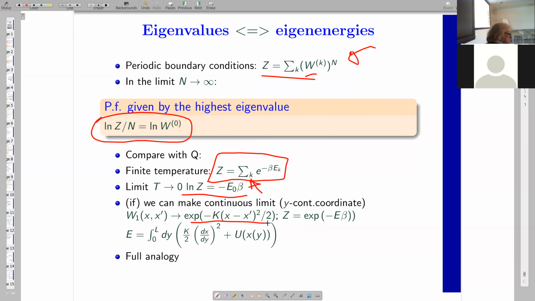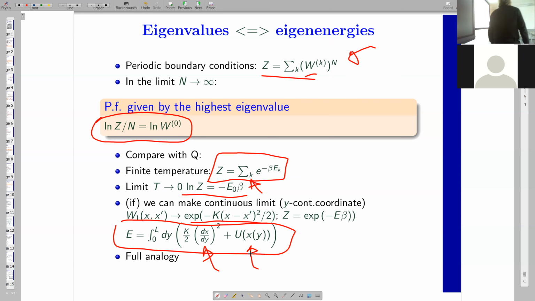Good. With this, we have this energy. So it's a gradient term, and it's a potential energy term. So in fact, what in quantum mechanics we would call kinetic energy is related to the gradient term in statistical physics. With this, we have a full analogy.